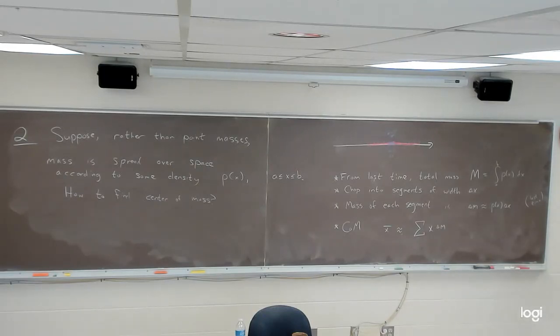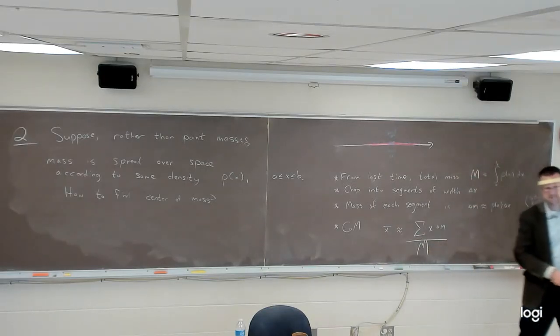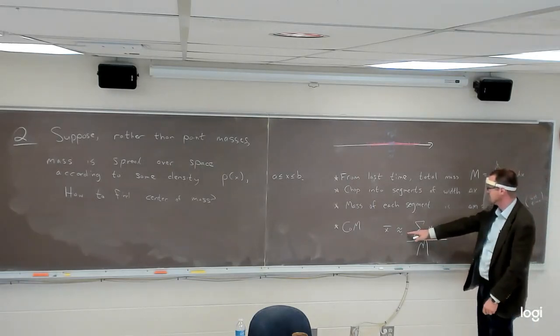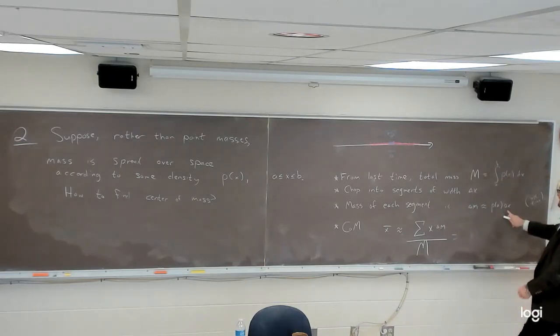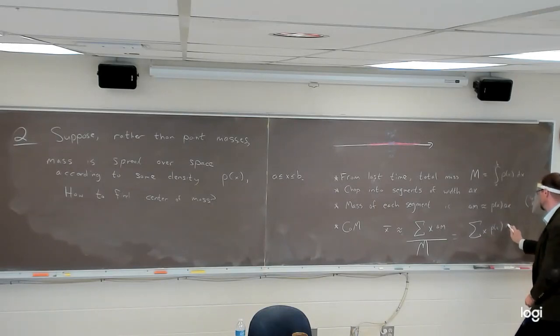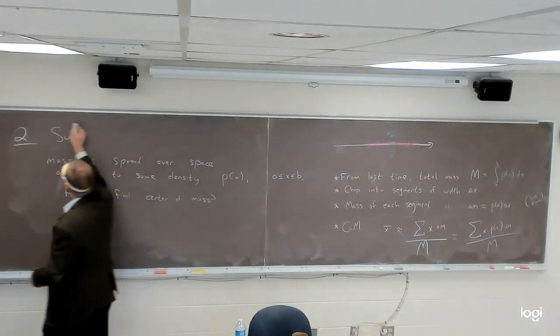I'm adding up x times a little bit of mass, and then I have to divide by the total mass. This is that unnormalized weighted average. It's like when I want my weights to be 2, 3, and 5, I've got to divide everything by 10. This gives me the approximate center of mass, approximate because the slicing is an approximation. That's the sum of x, rho of x, delta x, divided by capital M. When I take a limit, that's just going to become an integral.